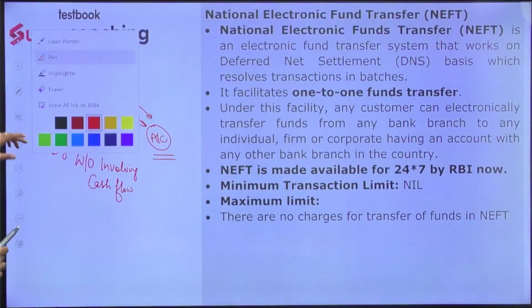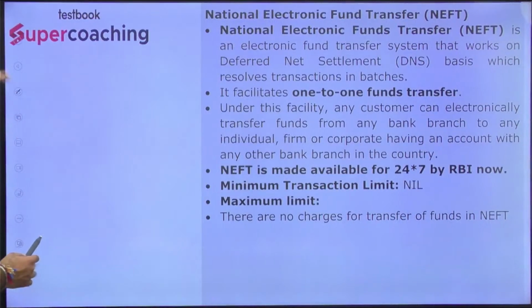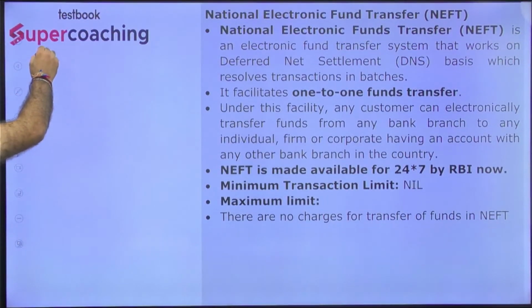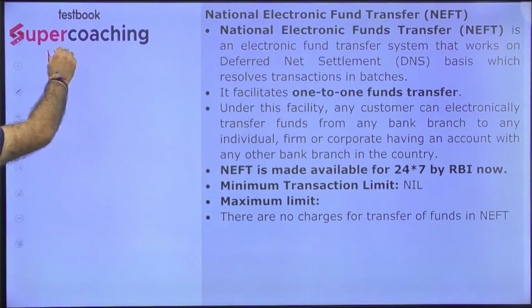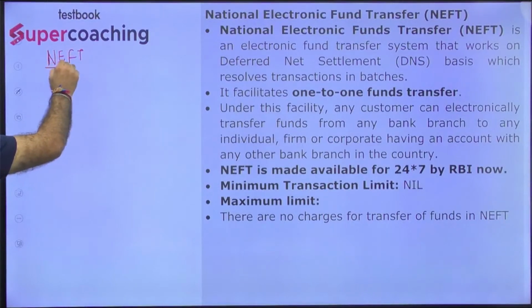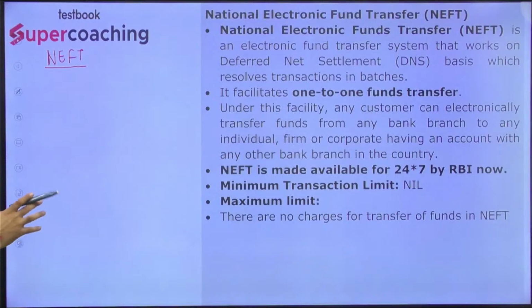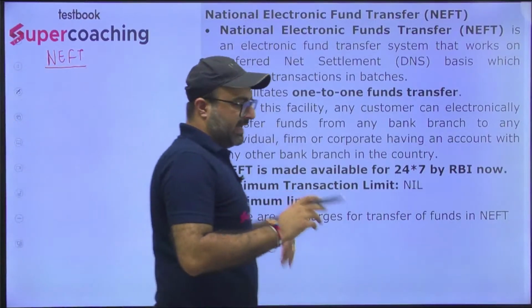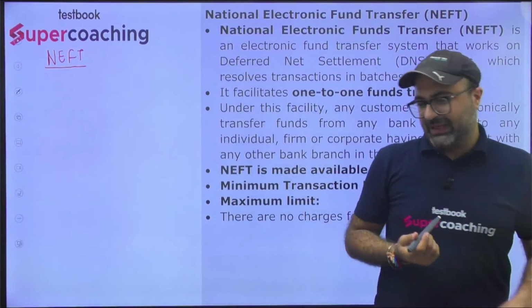Now, in order to enjoy the electronic fund transfer, there are different methods. The first method we have is NEFT, which stands for National Electronic Fund Transfer. NEFT and RTGS are on one side and IMPS is on the other side. I will be explaining that.